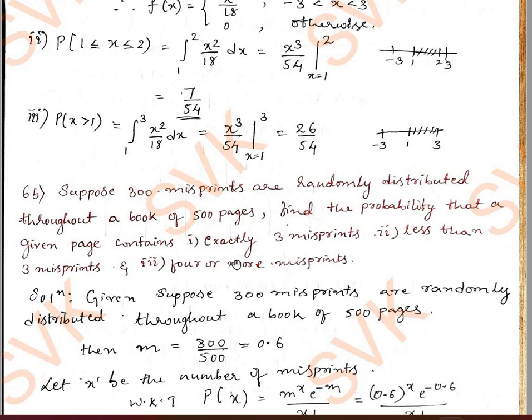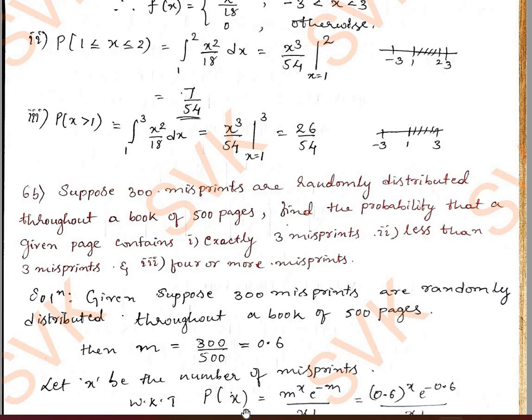So here this problem is on Poisson's distribution. Given 300 misprints randomly distributed throughout a book of 500 pages, we are going to get the mean value as 300 divided by 500, which is equal to 0.6. This is the way of finding the mean value, that is m.